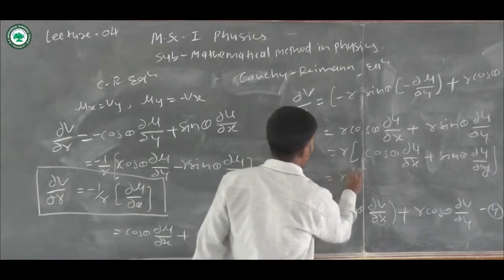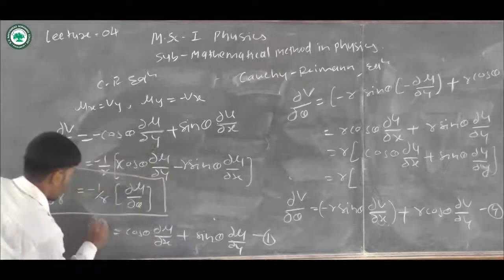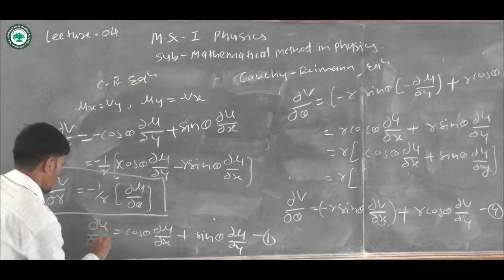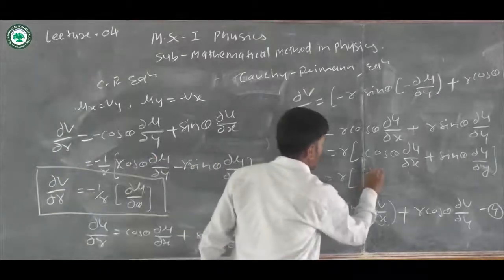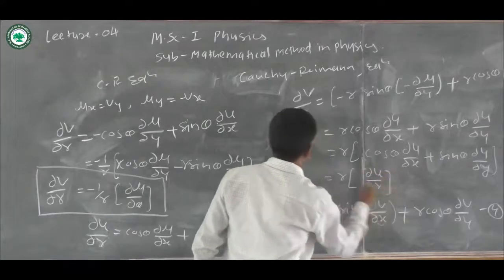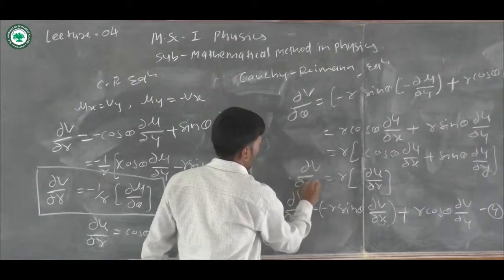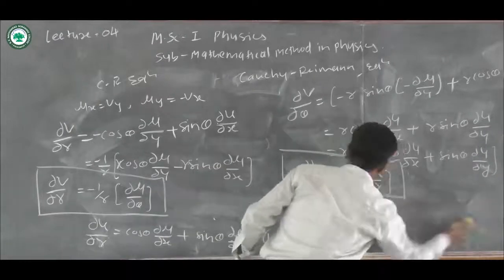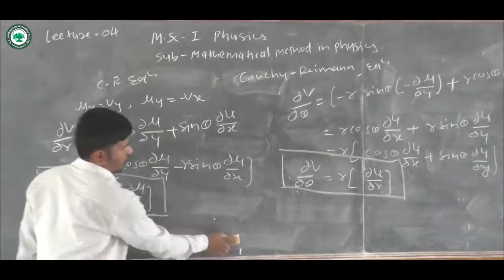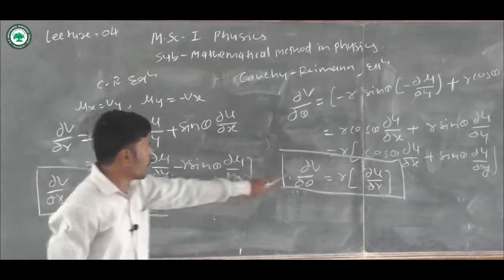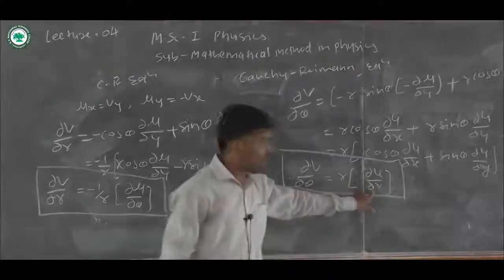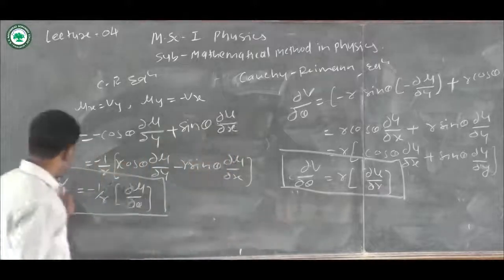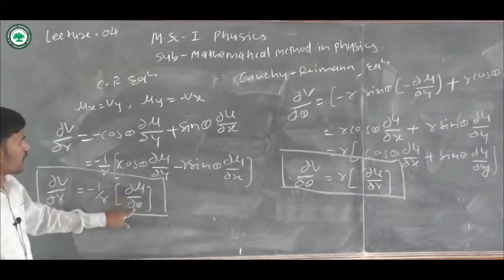So we can write this as r ∂u/∂r. So these are the two conditions of the CR equation in polar form: ∂v/∂theta is equal to r ∂u/∂r, and ∂v/∂r is equal to minus 1 by r ∂u/∂theta.